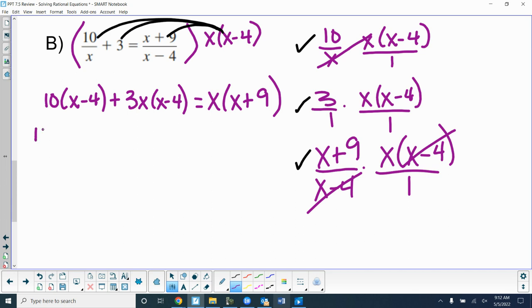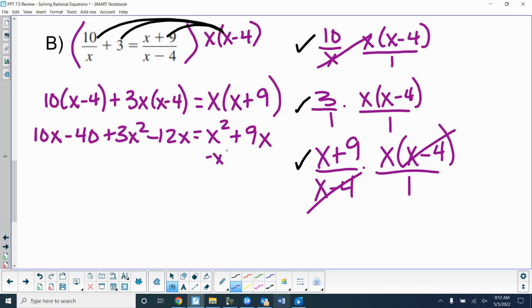So 10 times x and 10 times negative 4. 3x times x, 3x times negative 4. X times x, x times 9. So I got an x squared in it, meaning I have to set it equal to 0, right? So I'm going to subtract the x squared and the 9x.